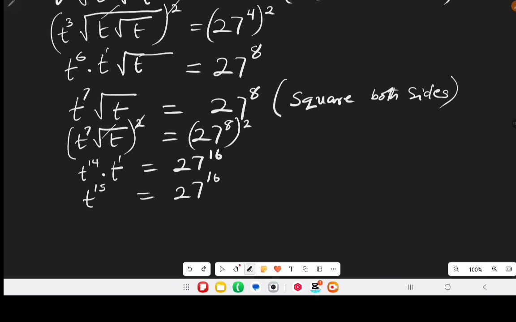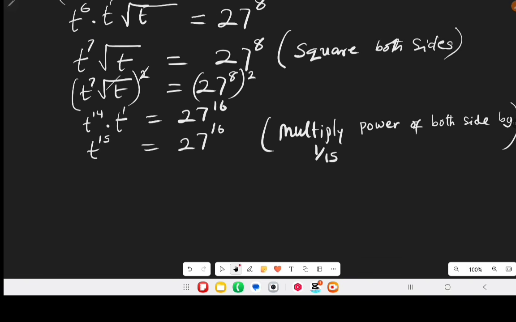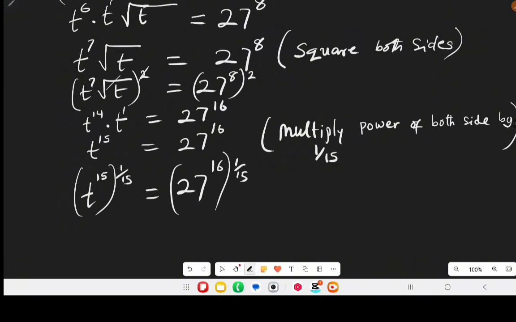To get the value of t, we have to multiply the powers of both sides by 1 over 15, which is the reciprocal of the power of t. So when we do that, we have t raised to the power of 15, raised to the power of 1 over 15, so that the power of t is 1, equals 27 raised to the power of 16, raised to the power of 1 over 15.